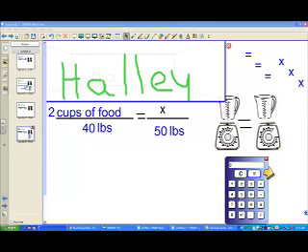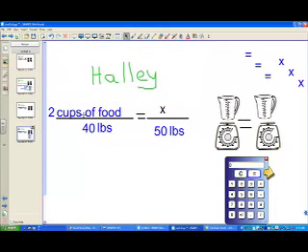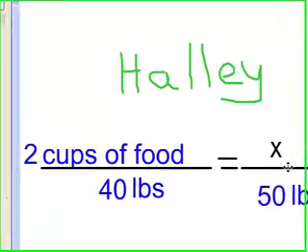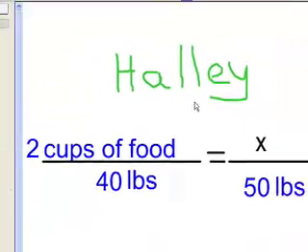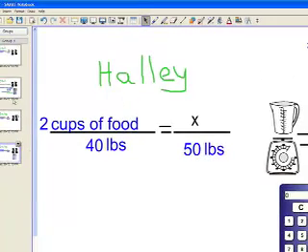Let's look at how to solve Haley's problem. We have a ratio of 2 cups of food to 40 pounds, and we're trying to find the equivalent ratio of x over 50 pounds. There's lots of different ways to solve this problem, but we're going to use cross multiplication.